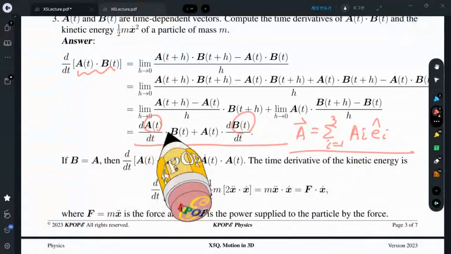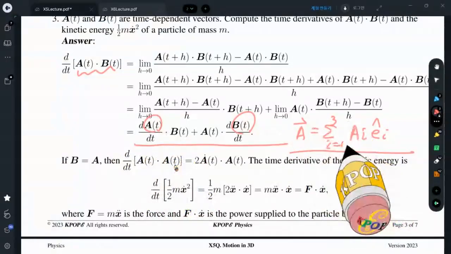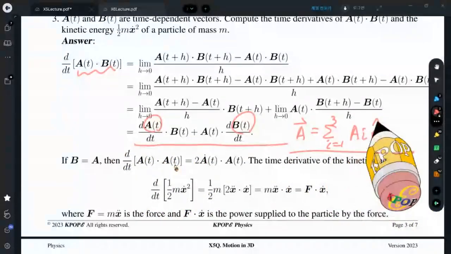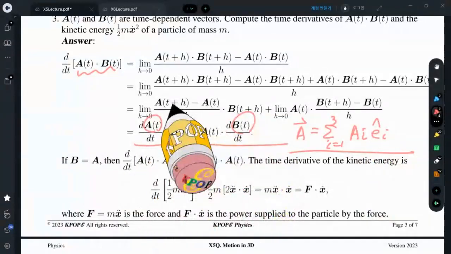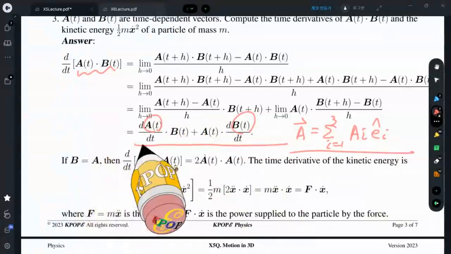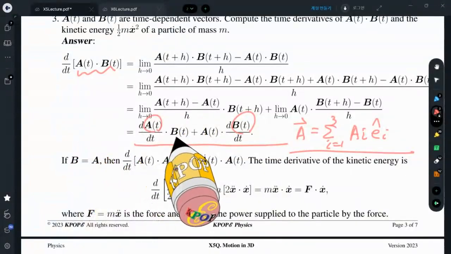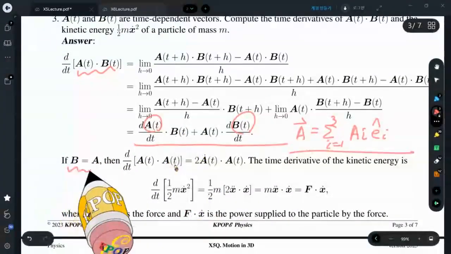In here we should include all of the components, but it is very compact to write this kind of form. What happens if both A and B are the same?